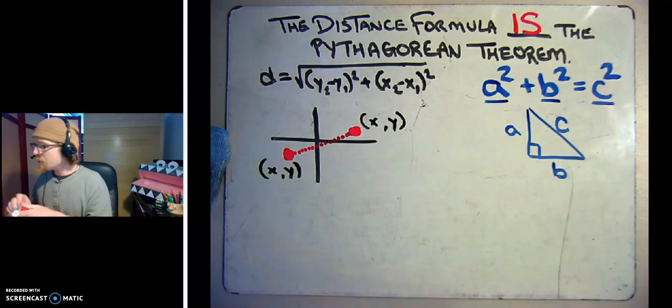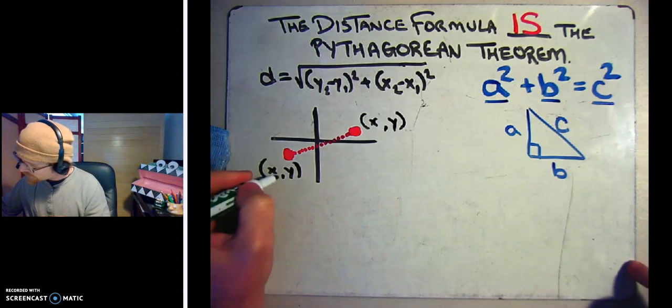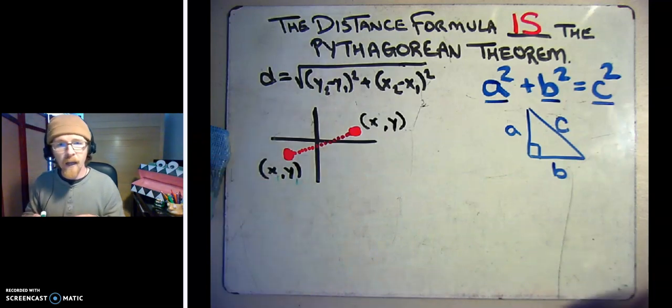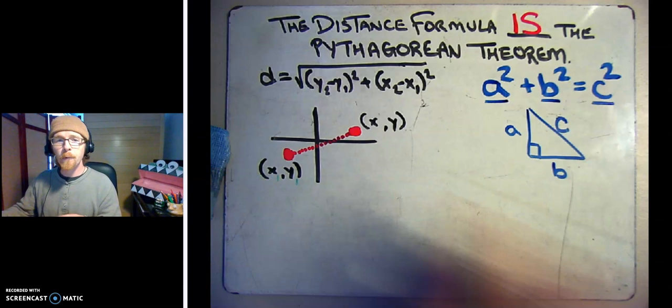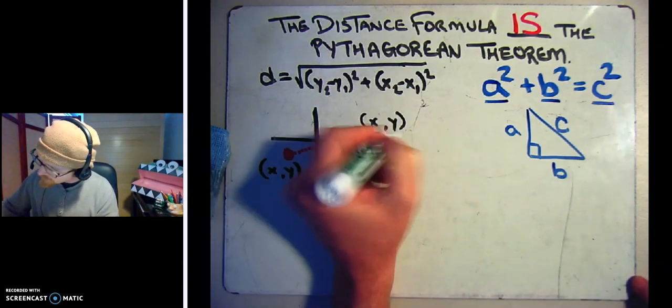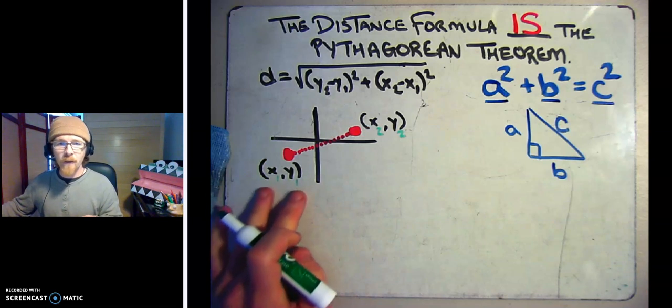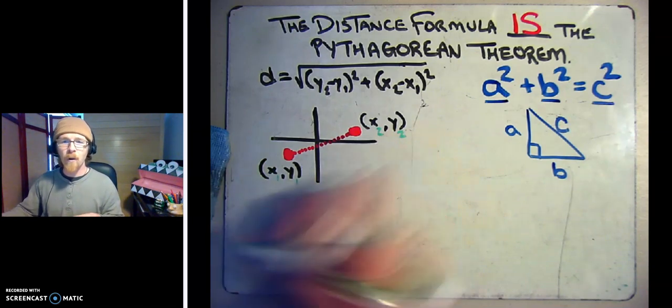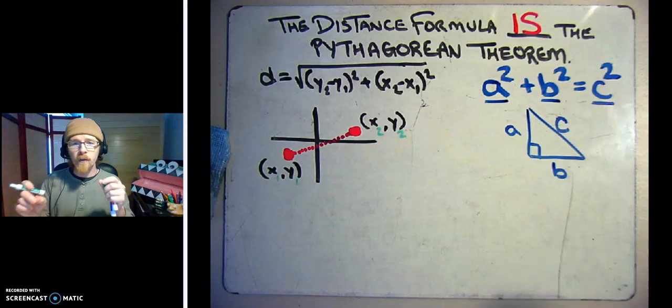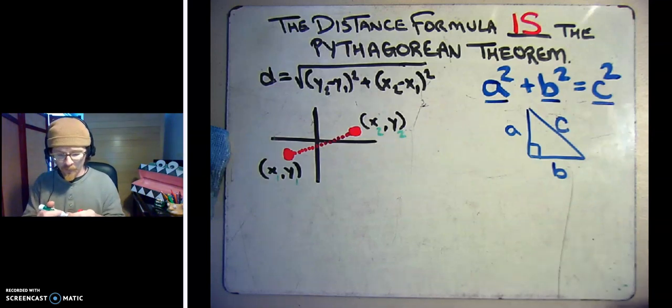So we reference one of the points as a 1, calling that x1 and y1, and the other point as a 2, x2 and y2. Those little 1s and 2s just help us tell the difference.